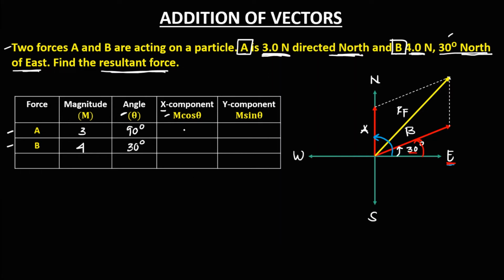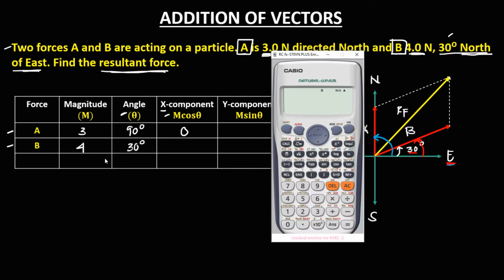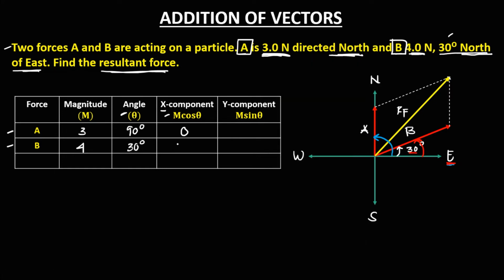Then for force B, the magnitude is 4, then cosine of 30 degrees equals 3.46. So the x component for force B is 3.46.